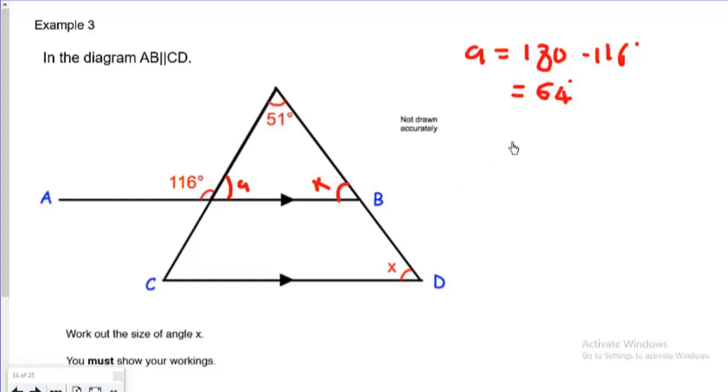We know that the sum of angles in a triangle gives us 180 degrees.